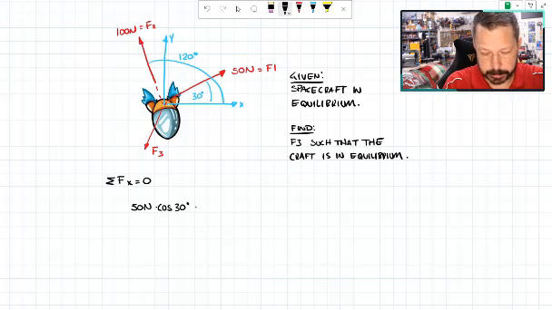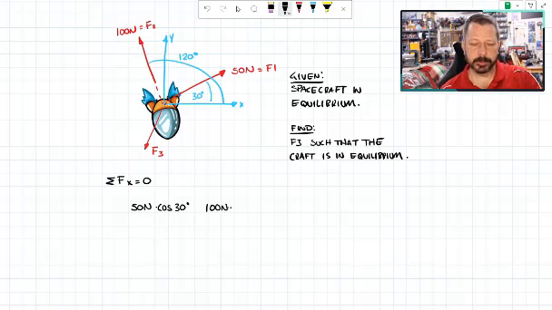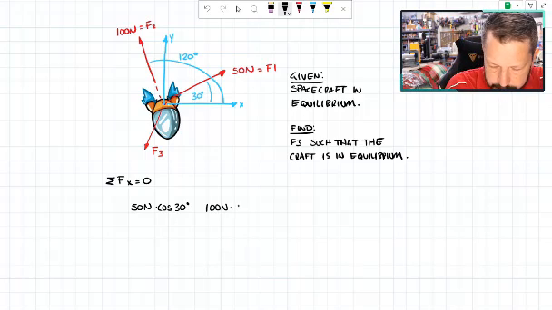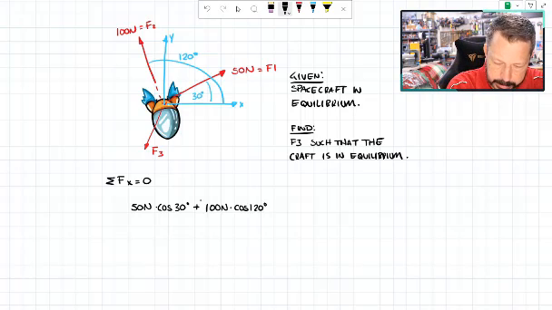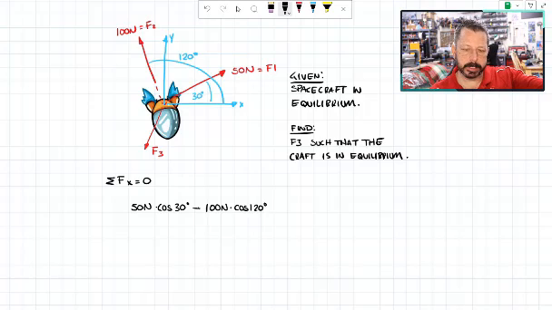It says 100 newtons, and then it's got 120 degrees measured from the x-axis. So I could do times cosine of 120 degrees, but then I have to decide, do I put a plus or a minus in here? What you could do is look at this and say, oh, well, F2 is pointing to the left. That's in my negative x direction, right?